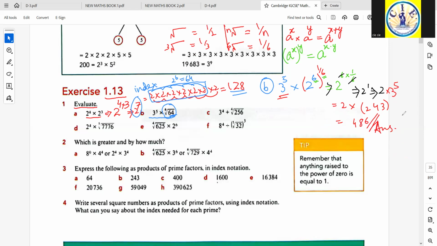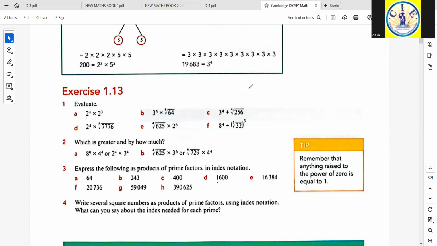Okay. Now for the next part. 3 raised to power 4 times 256 raised to power 1 by 4. I need to think of a number which, when multiplied with itself 4 times, may give me 256.